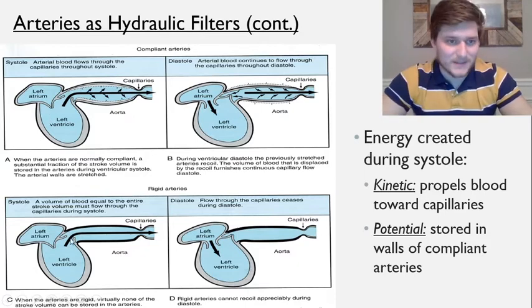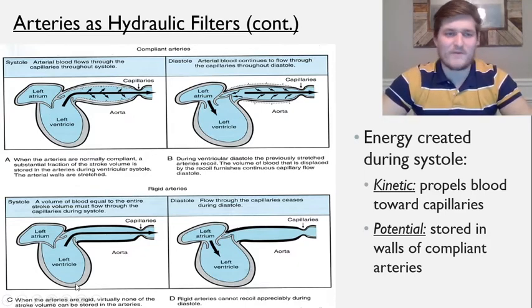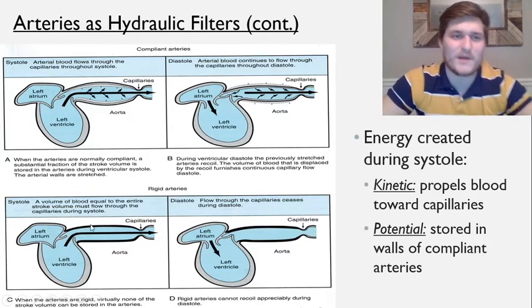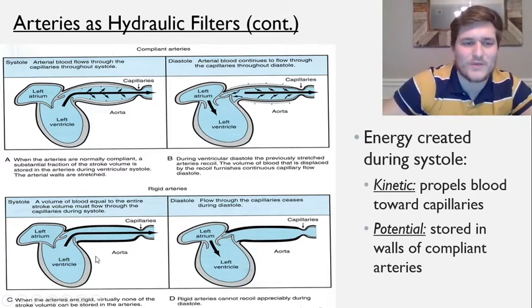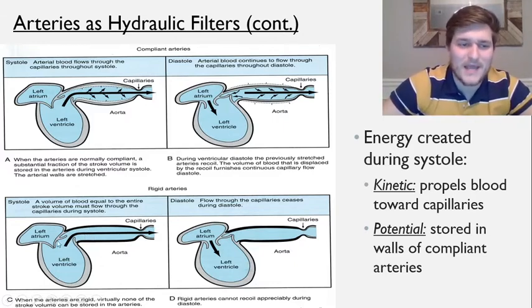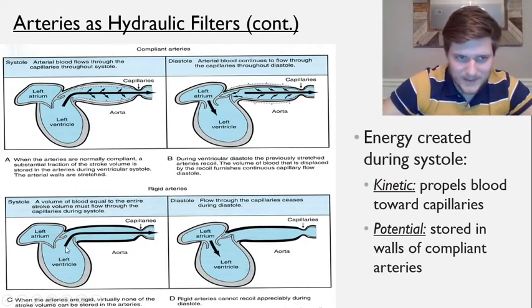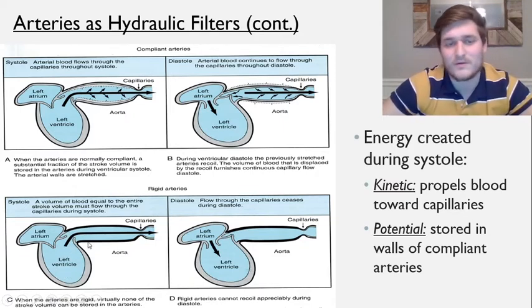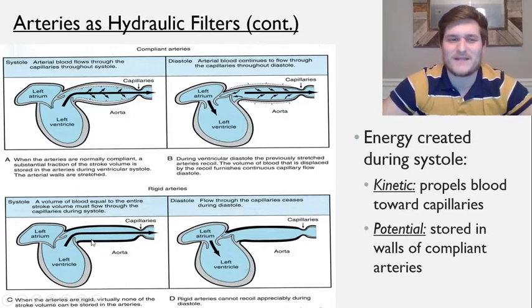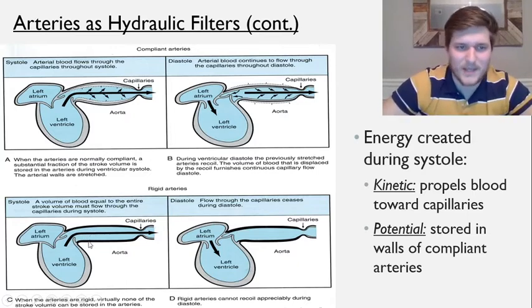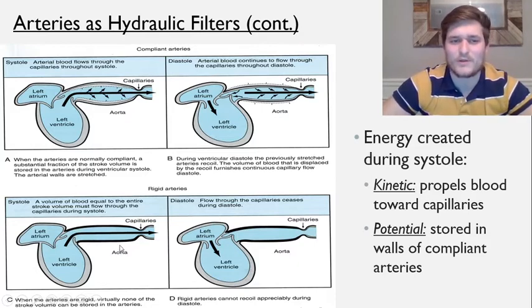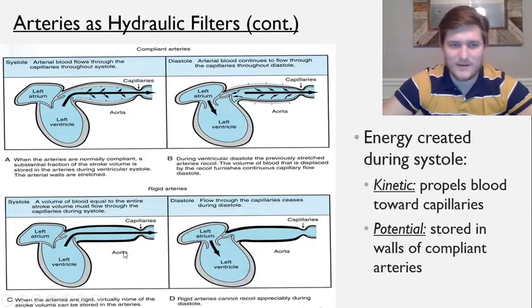During systole, that left ventricle is going to eject out blood. But when you have these rigid arteries, that arterial blood, that stroke volume that is coming from the left ventricle, there's going to be a limited amount that is stored within that arterial system. And really another major outcome too is that we're losing that potential energy.